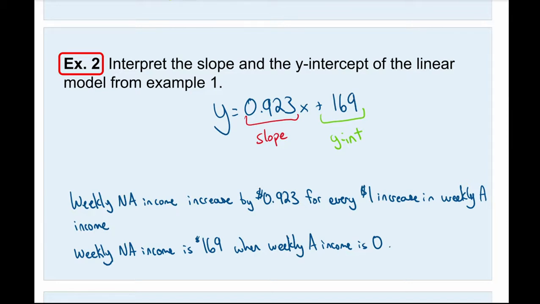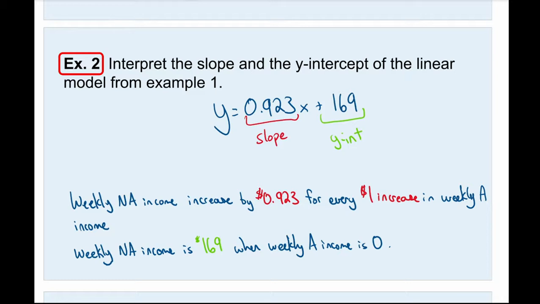So, a couple things to point out here. For our slopes, you could argue that they're roughly increasing at the same amount, right? 92 cents to $1. Okay, yes, it's off by 8 cents, but you could argue it's close. It's very close. They're increasing by the same amount. However, we can see that when the aboriginal weekly income is 0, the non-aboriginal income is 169.